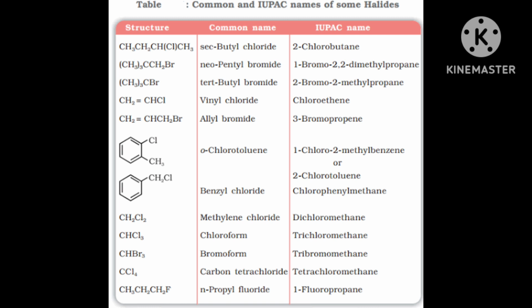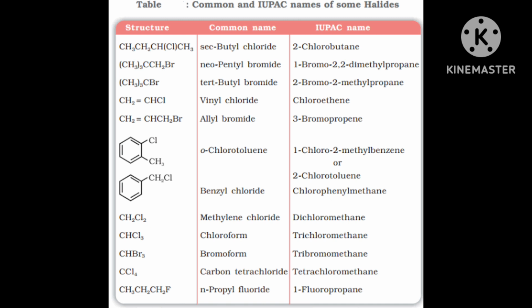Total 4 methyl groups are attached to the center. This is the pentane, you know. But with any one methyl, Cl is attached. You can think like that. Cl is attached.